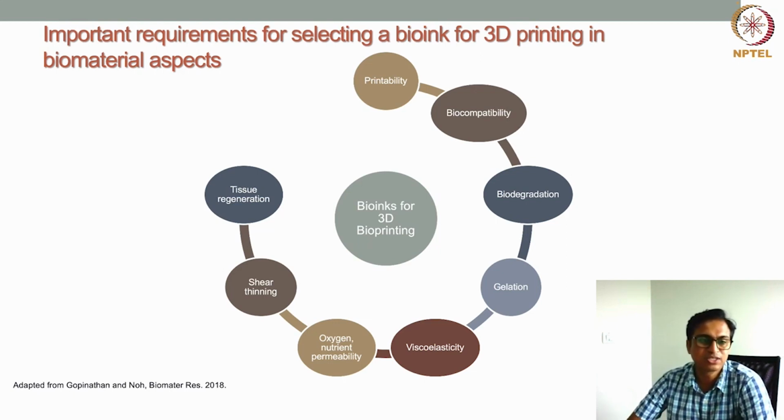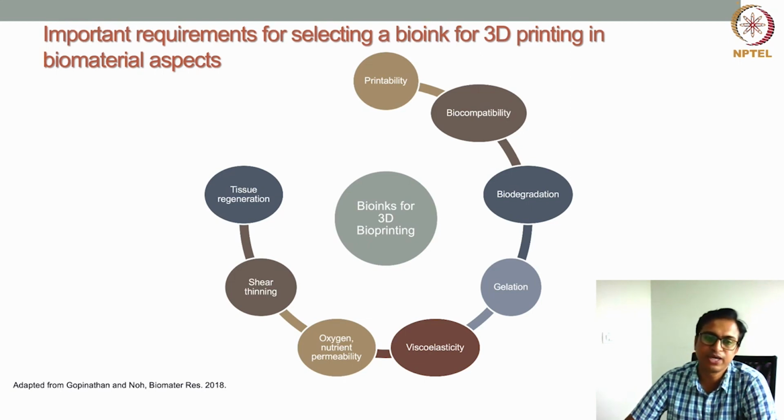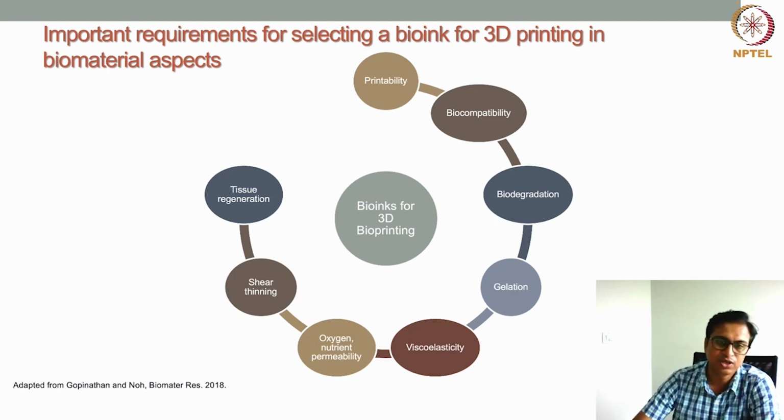The tissue regeneration process can happen if the cells are healthy and doing their required function. That's why the material we select to develop bioink should support tissue regeneration, because that is the ultimate goal of all our bioprinting processes, to develop an artificial tissue or organ.